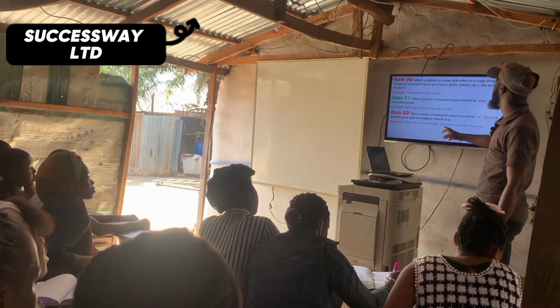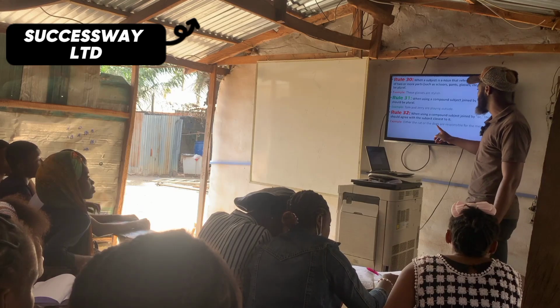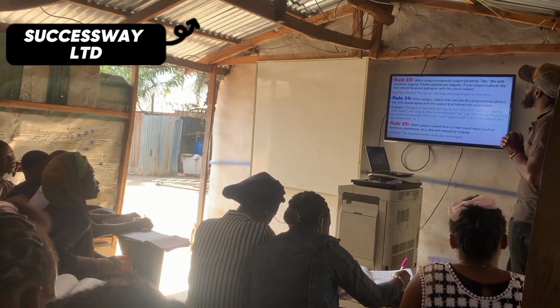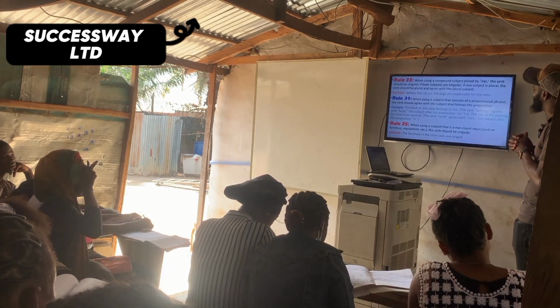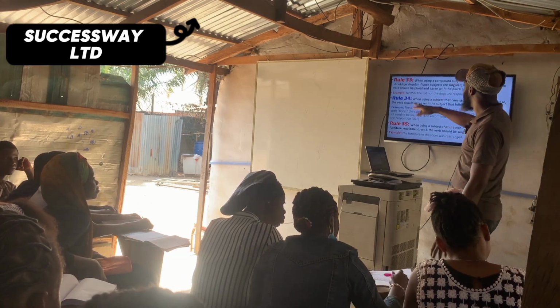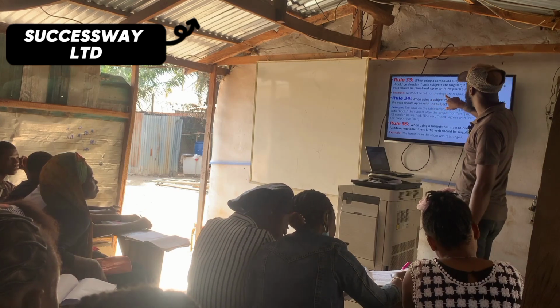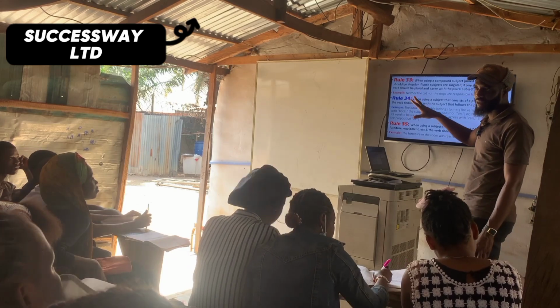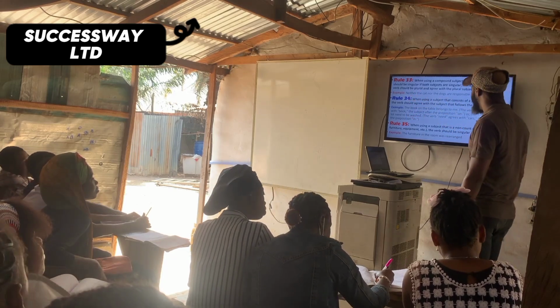Either the cat or the dogs are responsible. When using a compound subject joined by nor, the same thing too. Neither the cat nor the dogs are responsible for the mess, right?